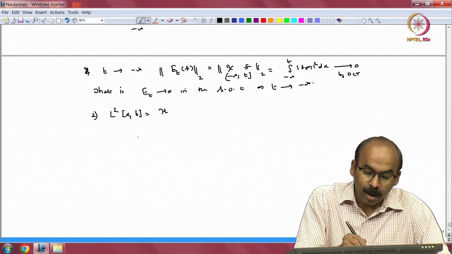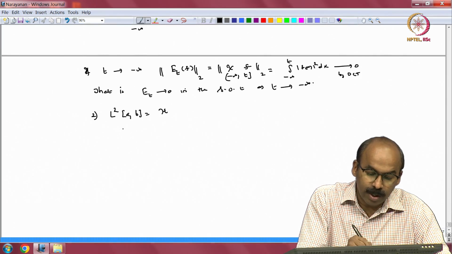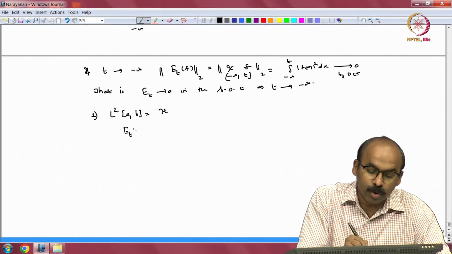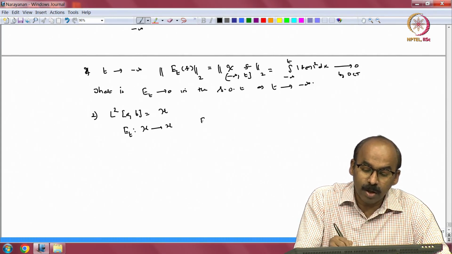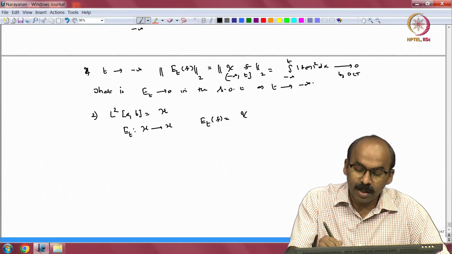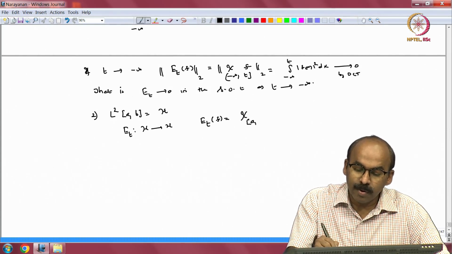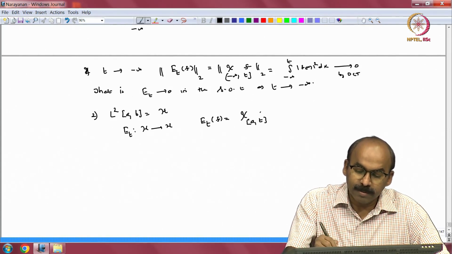So E_t is going to be a projection from H to H. E_t of f is equal to, strictly speaking, the indicator of [a,t] times f.